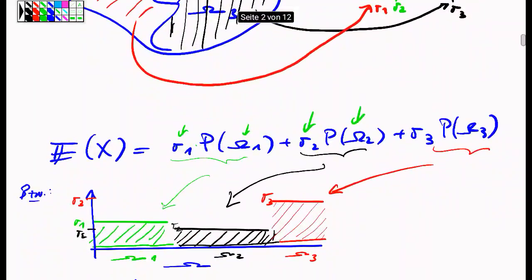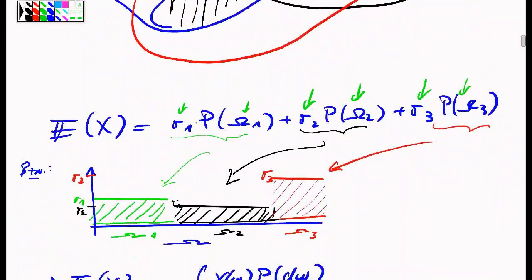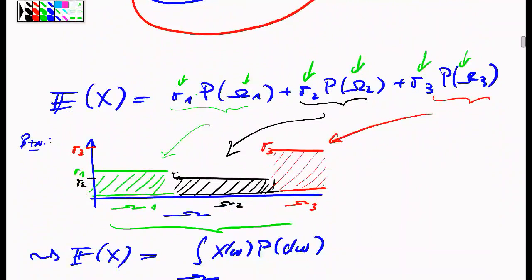In another, geometric interpretation, we decompose the set omega into these subsets where the function X, if we consider it as a function, is piecewise constant, and then this sum corresponds to taking the sum of all these areas, which are obtained as the product of the size of the base set multiplied with the height of the corresponding block.